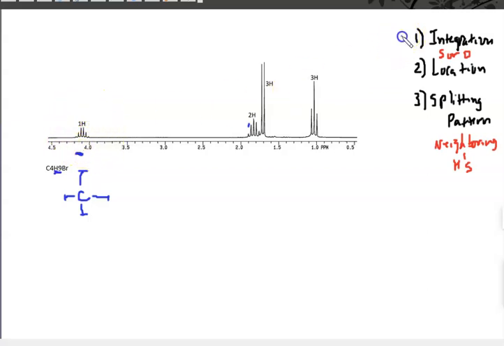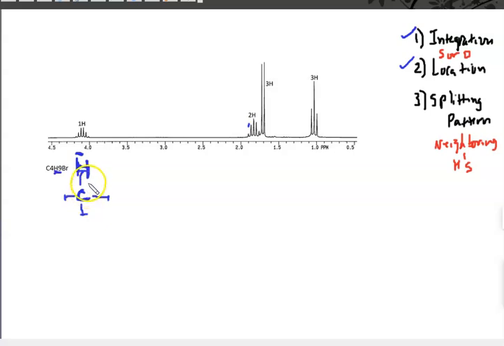So I first start with the integration. Integration is 1, so that means this carbon has 1 hydrogen on it. Okay? So I'm done with the integration. Next, location. This is way up at 4. So that means it's very de-shielded. So what is this carbon? What does this carbon have to be attached to? If you want to put it in the chat room.